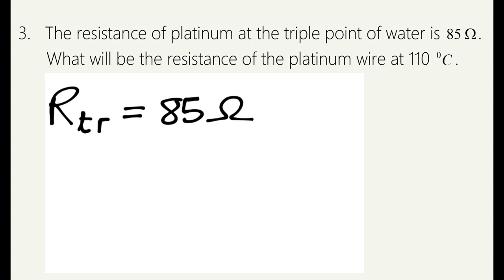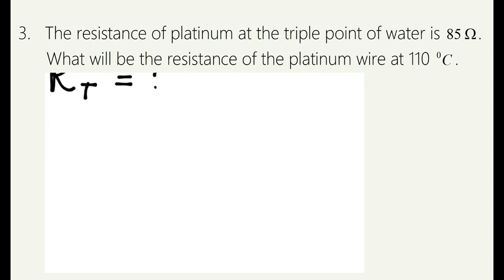The question is, what will be the resistance of the platinum wire at 110 degrees Celsius? So they gave us a temperature, but remember, when they talk about triple point, they're asking us the resistance at that temperature T, capital T. But they gave us the temperature in Celsius, so let's first get the value of T. Remember, T is equal to theta plus 273.